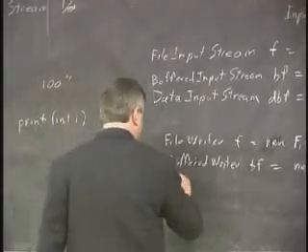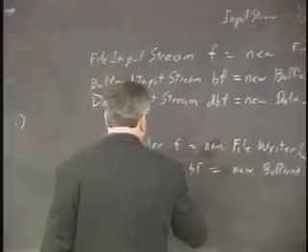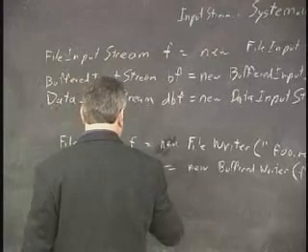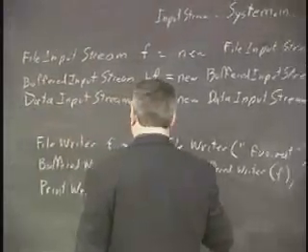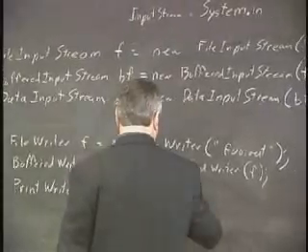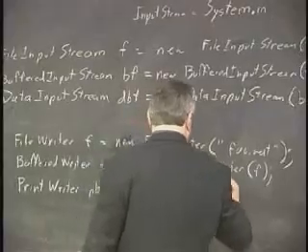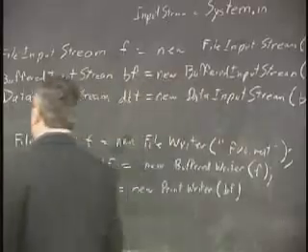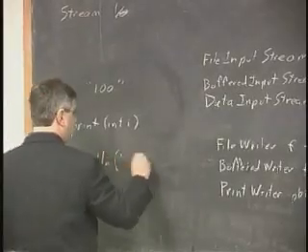The thing that has them is PrintWriter. So we need to get a print writer. pbf equals new PrintWriter of bf. And now this guy has prints for all these types, plus our old friend println of a string.